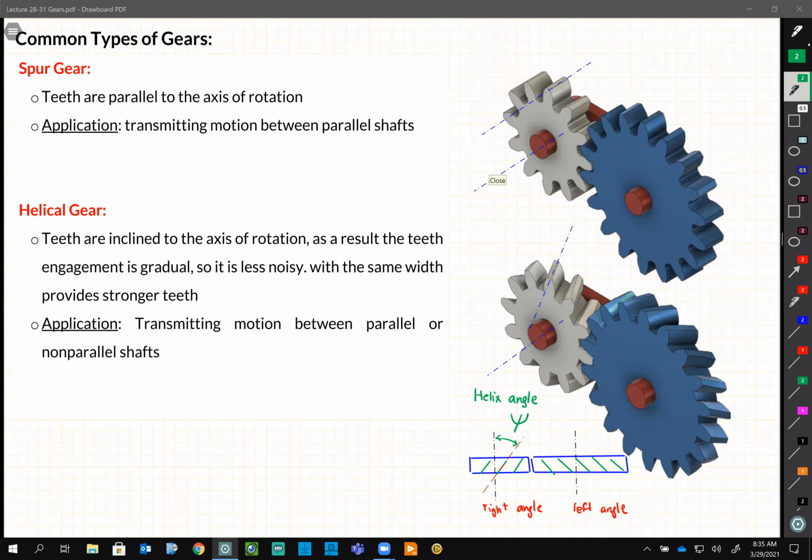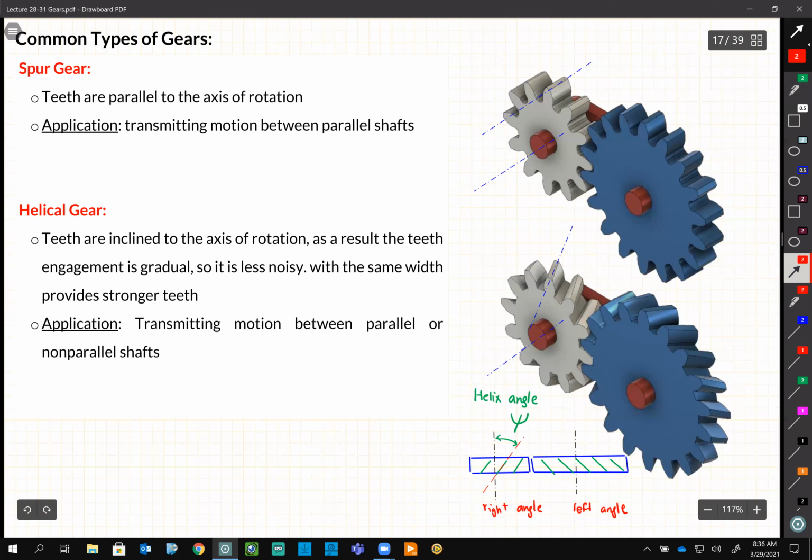Another question: is there always an advantage when you use a helical gear compared with a spur gear? Helical gears, as I told you last day, are smoother and stronger. For the reason for being stronger, I want you to think about the area when they are under bending.